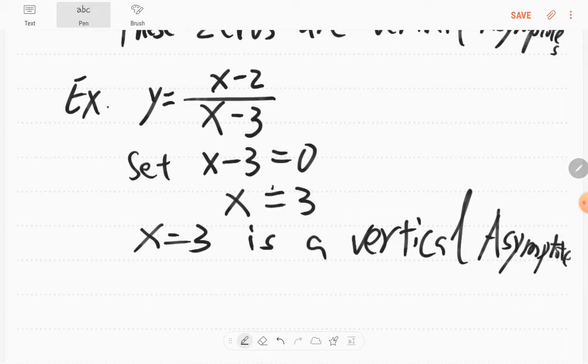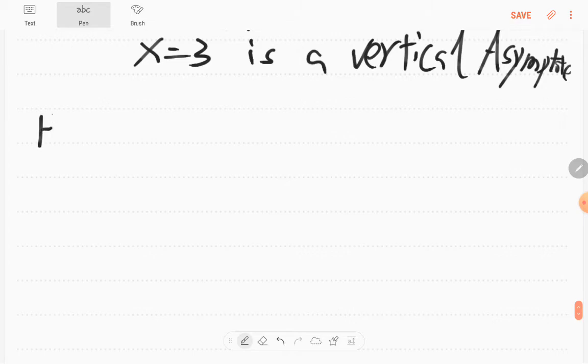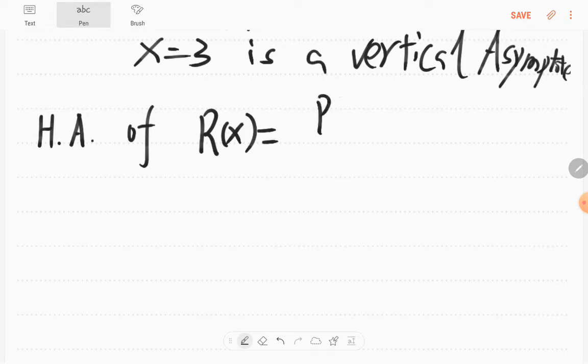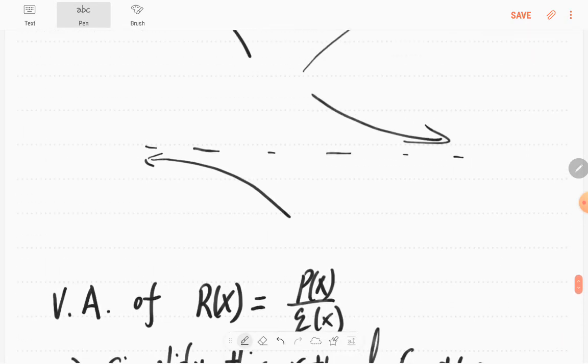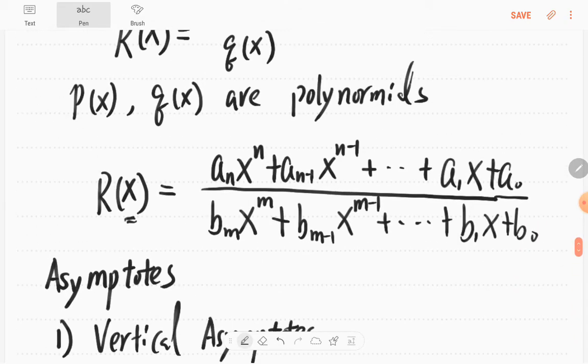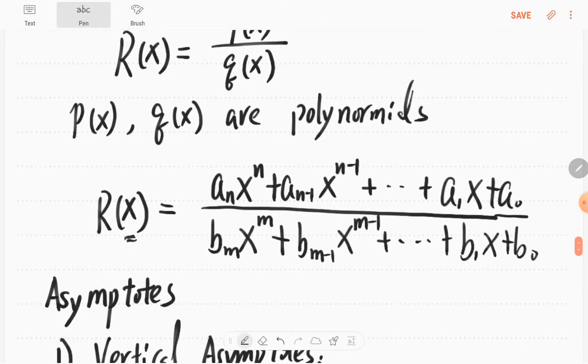So what about the horizontal asymptotes? The horizontal asymptotes of R(x) equals P(x) over Q(x). Since P and Q are polynomials, it can be written in this form, right?